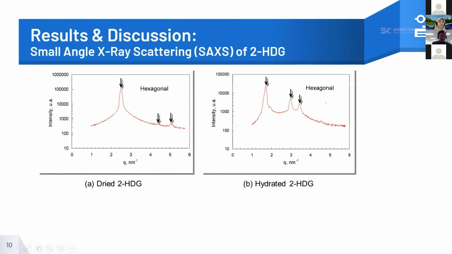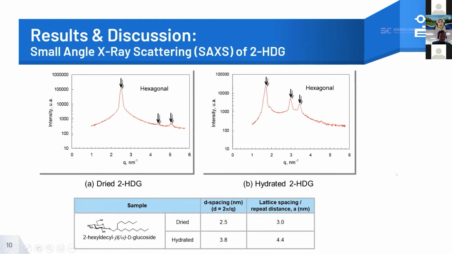This is the result from small angle X-ray scattering for 2-hexadecyl glucoside to confirm the formation of the inverted hexagonal phase. For the dried sample, meaning without solution, the d spacing is 2.5, whereas the lattice spacing is 3.